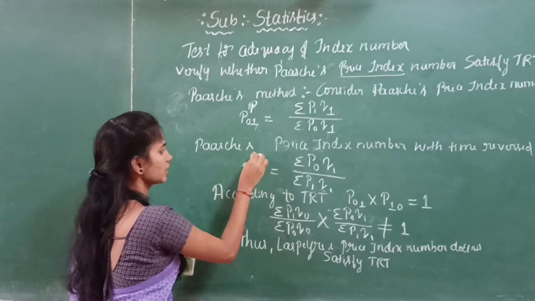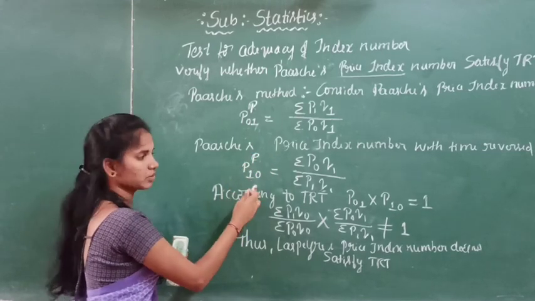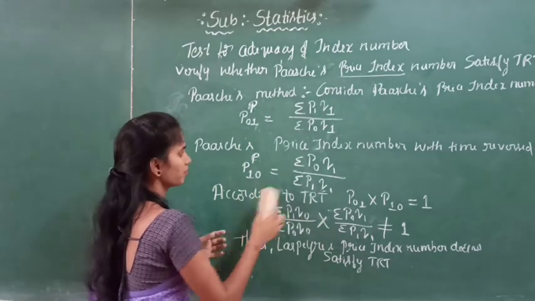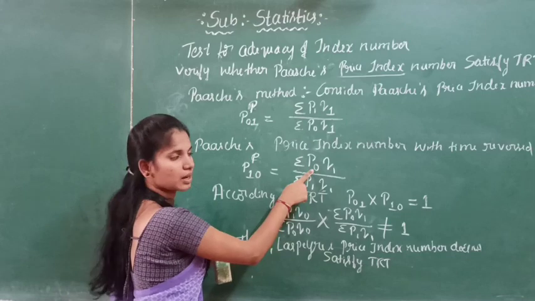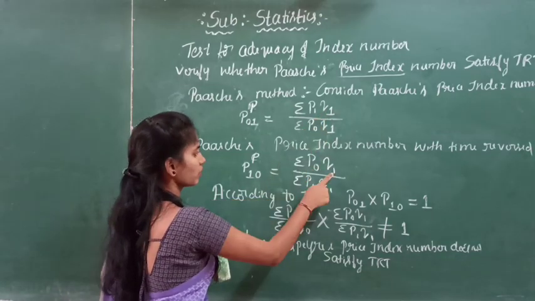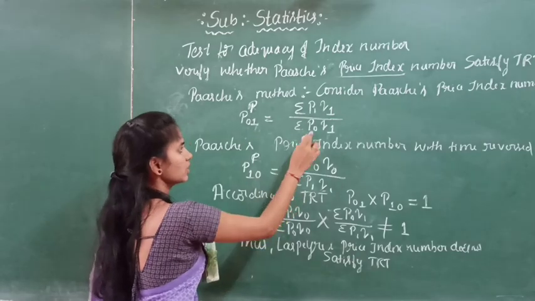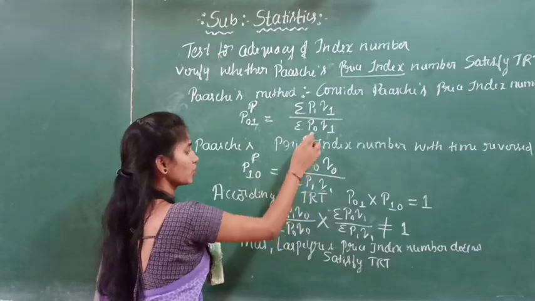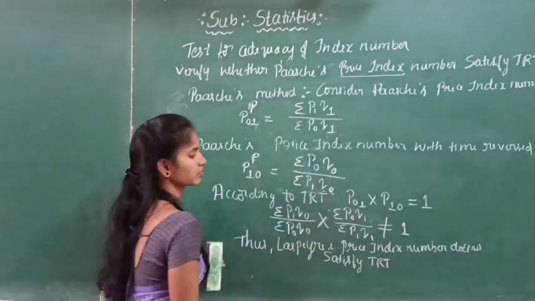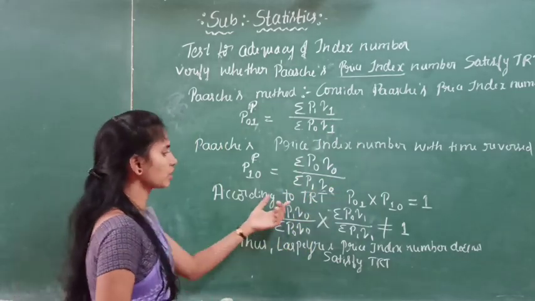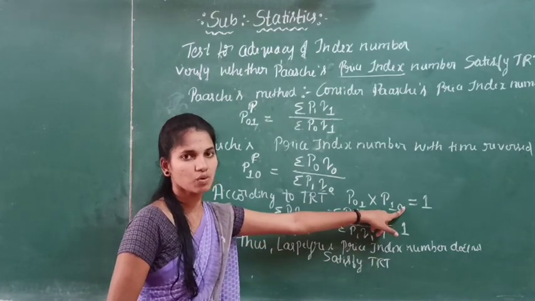The reversed formula is summation P0 Q0 divided by summation P1 Q0. According to TRT, P01 into P10 is equal to 1.